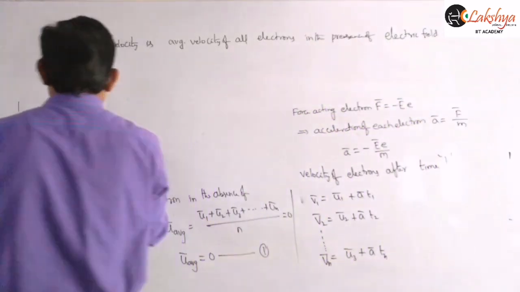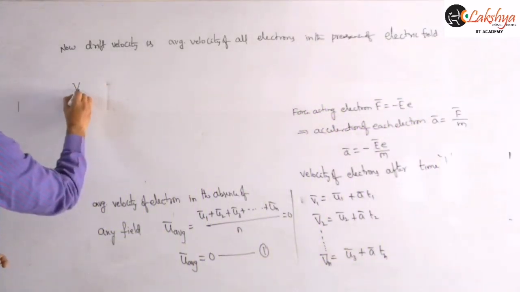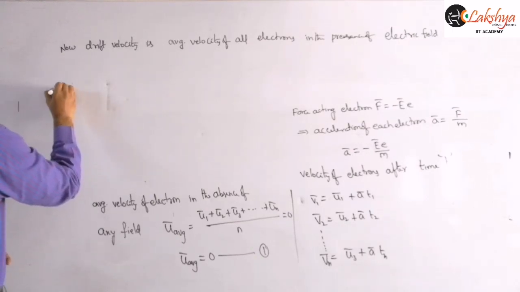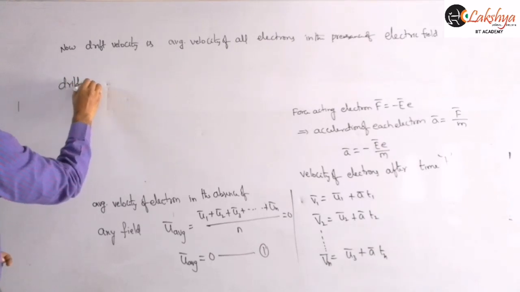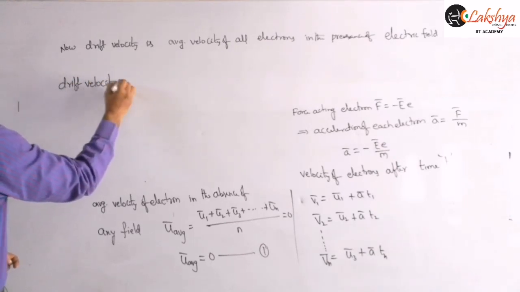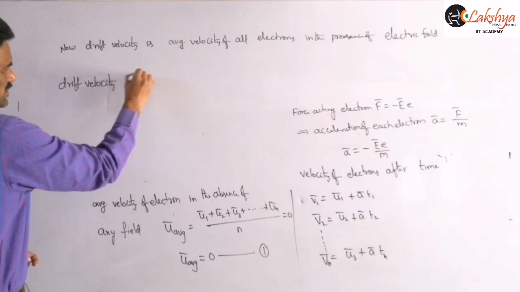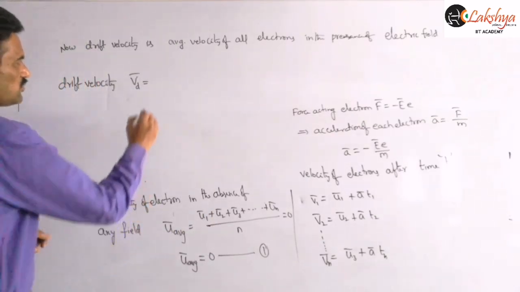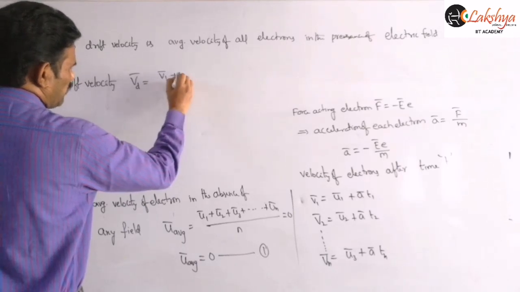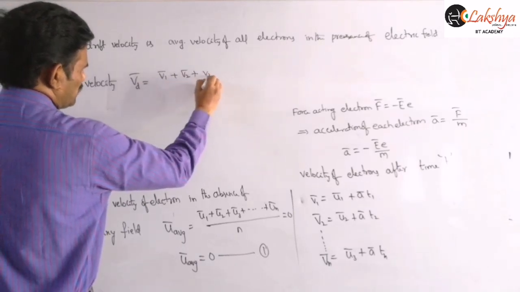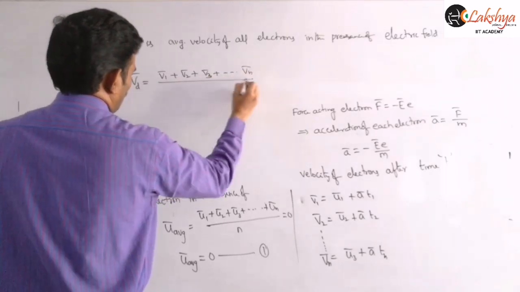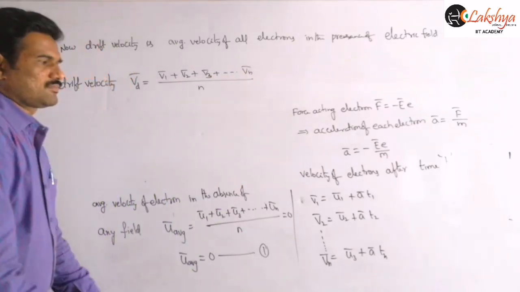Therefore I can write the drift velocity, which we are representing as Vd, equal to V1 bar plus V2 bar plus V3 bar and so on up to Vn bar, divided by n, right?